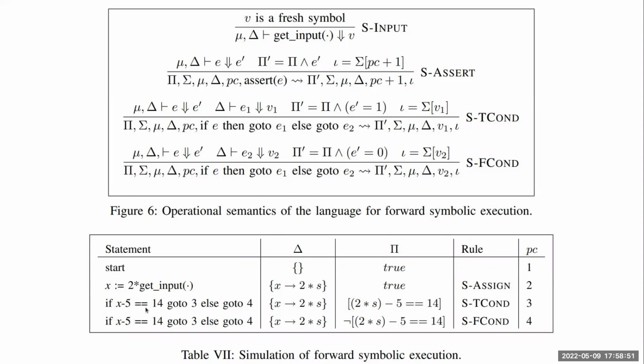Then we know the mathematical equation here is 2 times s minus 5 is 14. Then we take this mathematical equation and feed it to a solver. Right now, solver is a relatively mature technique. You give an equation like this, of course, in the solver's own language, you have to encode this. Then you can solve that to tell you what s concretely should be.